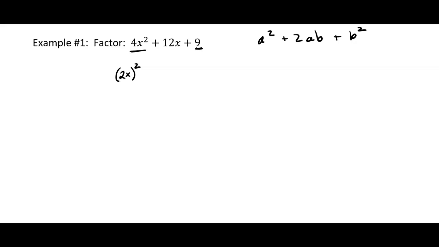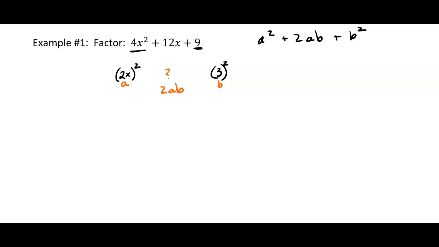Now look at the last term, the constant. It's not always a constant, but the last term. That's also a perfect square, so I could write that as 3 squared. So it's like this is my A and this is my B. So the question is, do I have 2AB in the middle? If I do, then it's a perfect square trinomial.